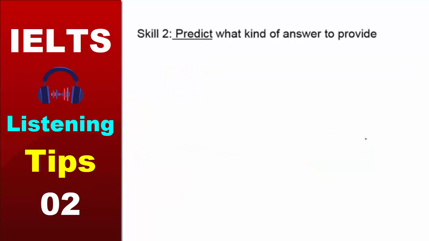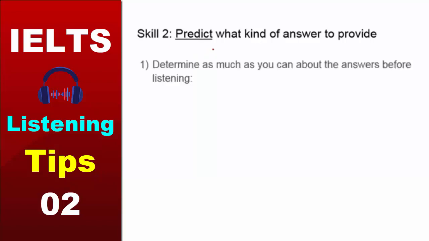A second step, something that will make you even sharper in your ability to get the correct answers, is to make predictions. This is closely related to your analysis, and again, this is something you do before you listen to a passage. You're going to try to predict what kind of information they will ask me to provide.